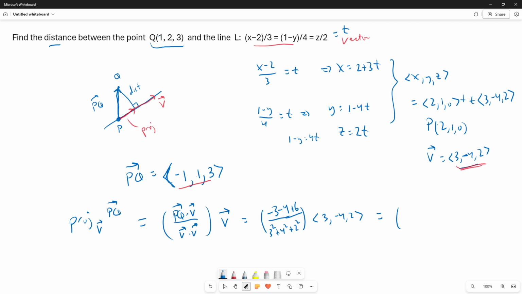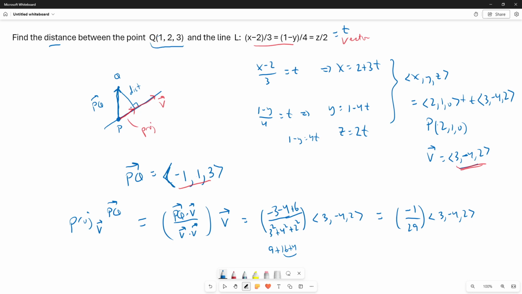So the numerator of our fraction here is negative 1, and the denominator is 9 plus 16 plus 4, that's 29. And then (3, negative 4, 2). So that's our projection vector.